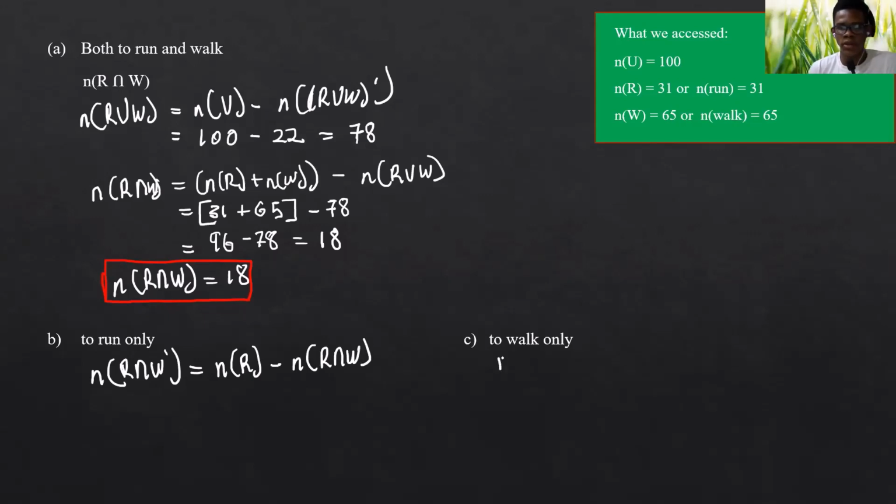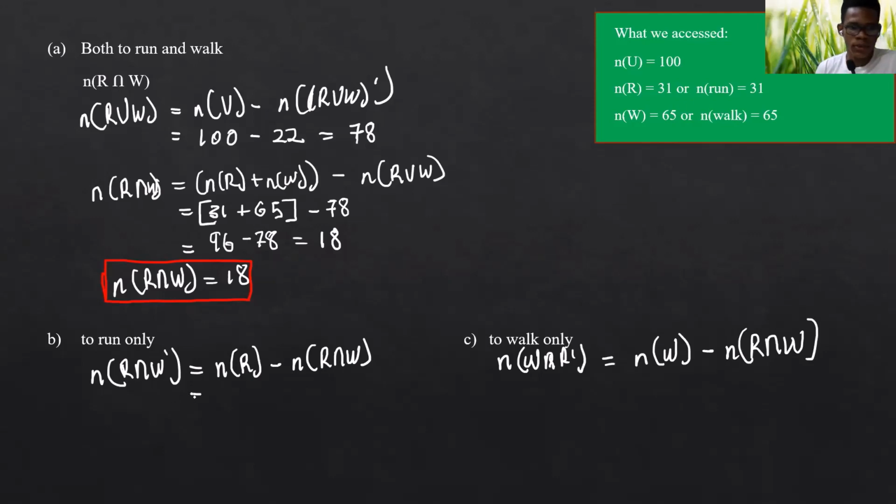I need to do that for W as well. In this case over here, that's 31 minus 18. Over here, 65 minus 18. Right, over here we end up with 13, and over here 47.